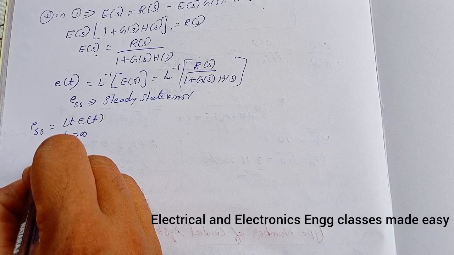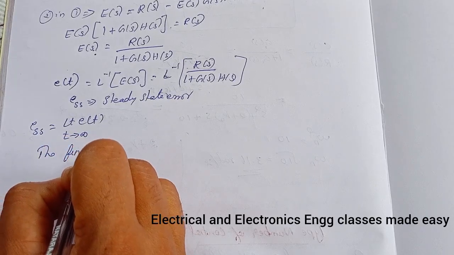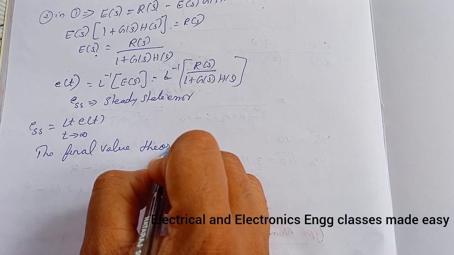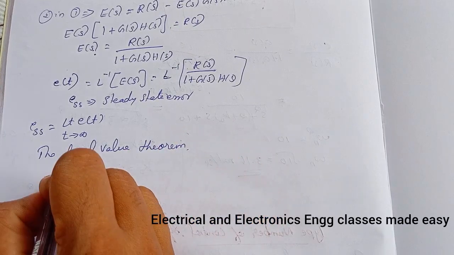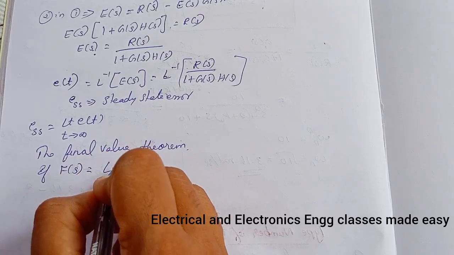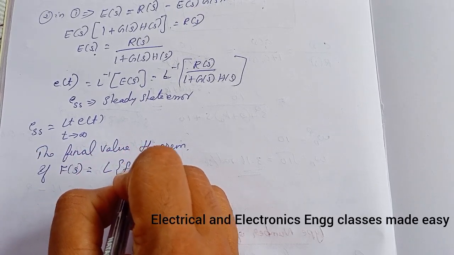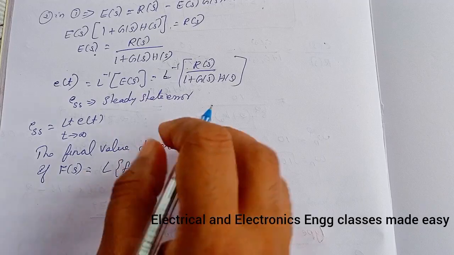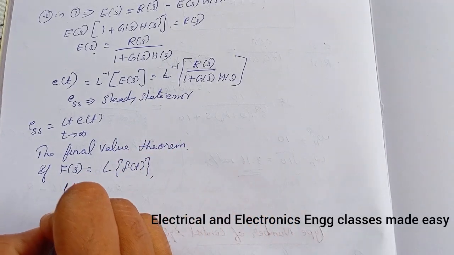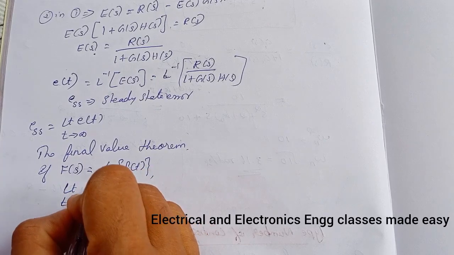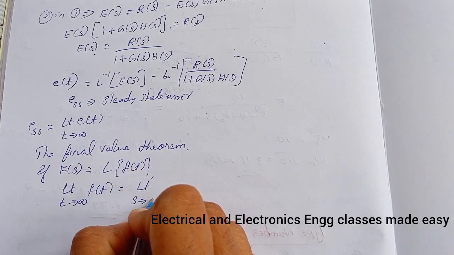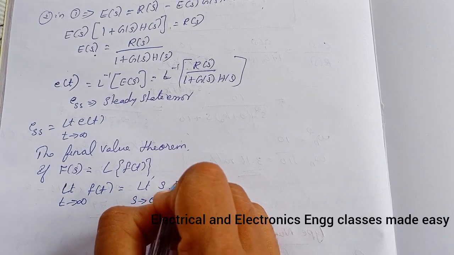And we have the final value theorem. If F(s) is the Laplace transform of f(t), then the limit as t tends to infinity of f(t) is equal to the limit as s tends to 0 of s into F(s).